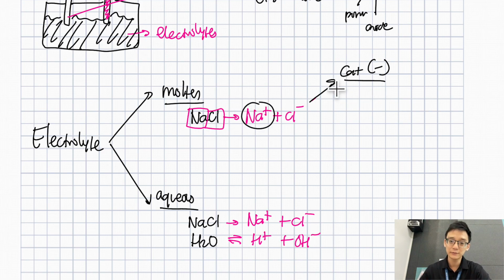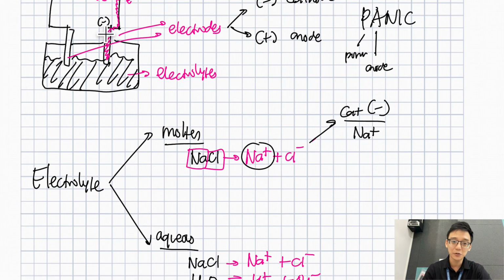For molten, because there is only one positive ion, this is the one that will go here. Because the metal rod is so rich in electron, it can donate electron. Therefore, at the cathode, the positive ion will receive electron to form a stable species.